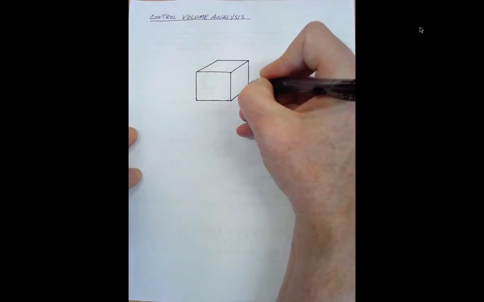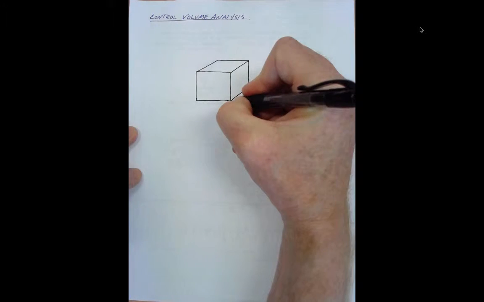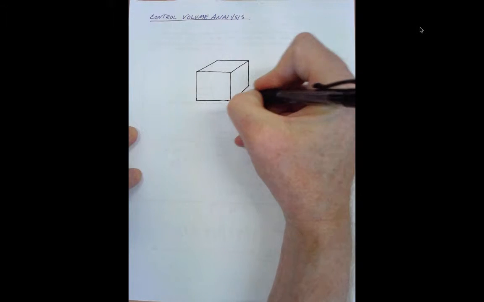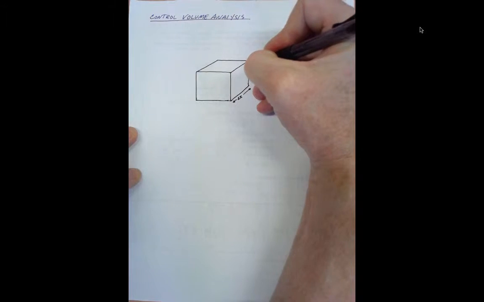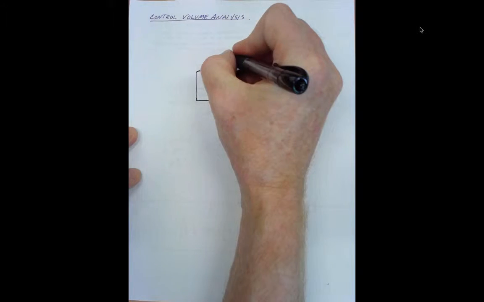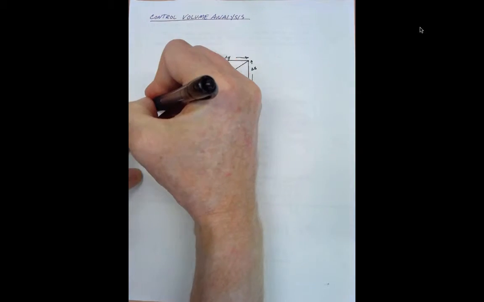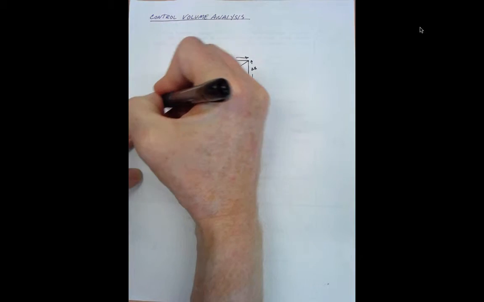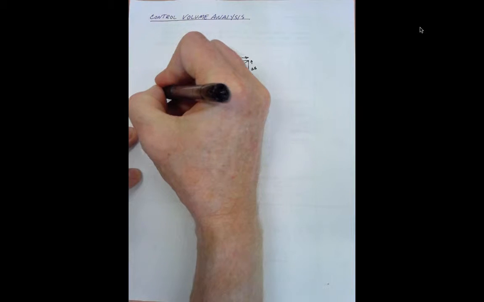So I've just drawn a rectangular chunk of space. We'll give it finite dimension, so it'll be delta x units coming out of the paper, delta z units tall, delta y units long. Here's my coordinate system: X, Y, and Z.